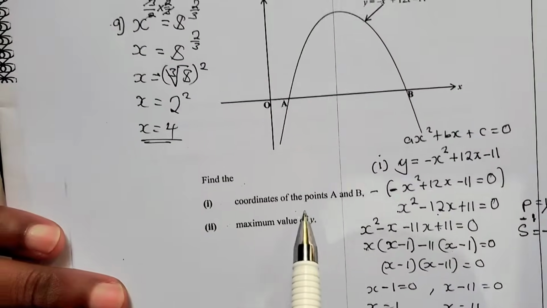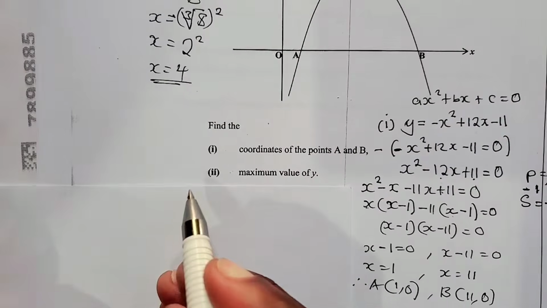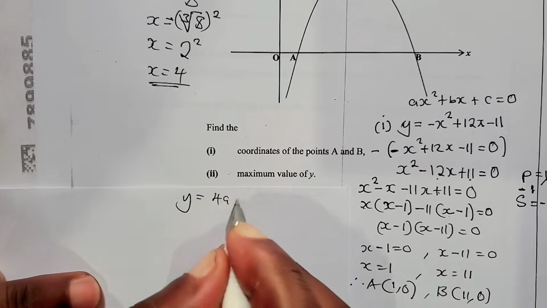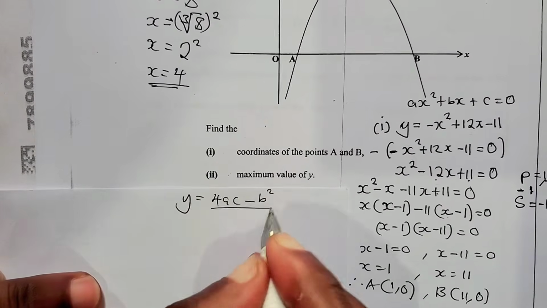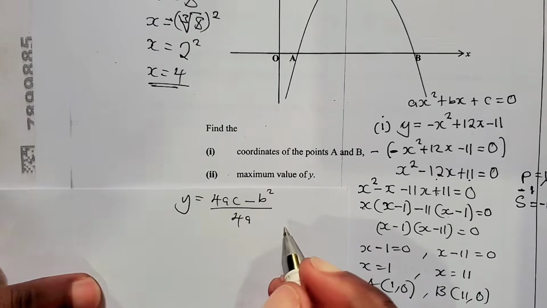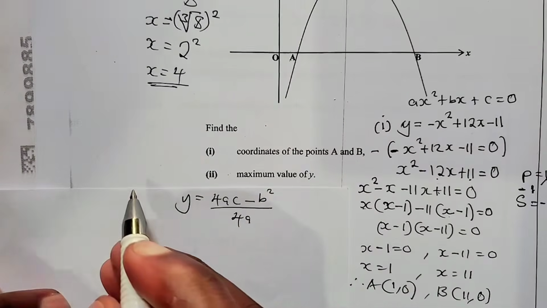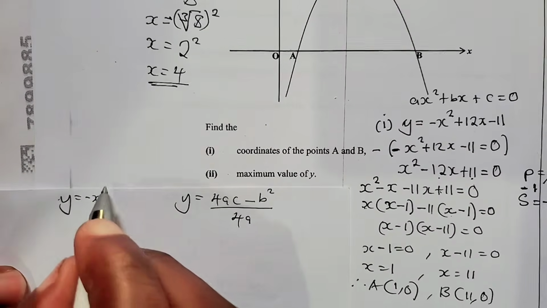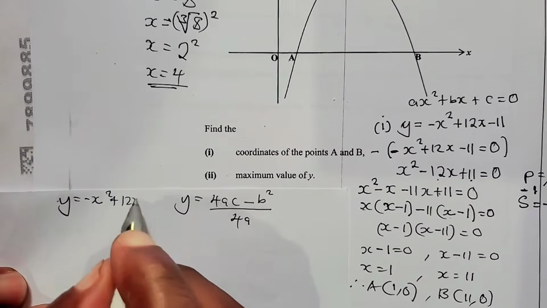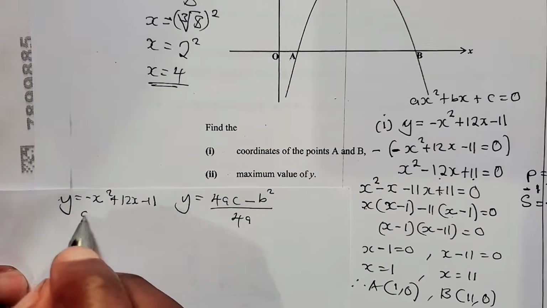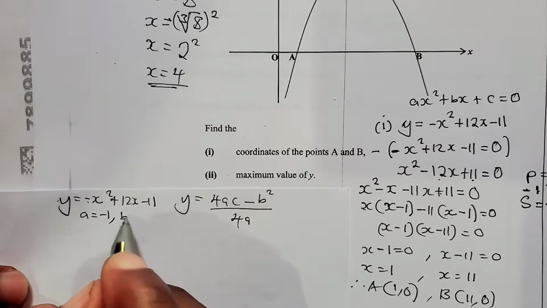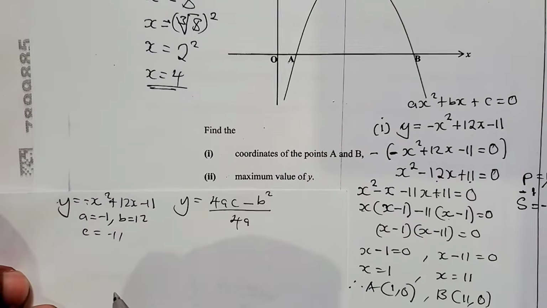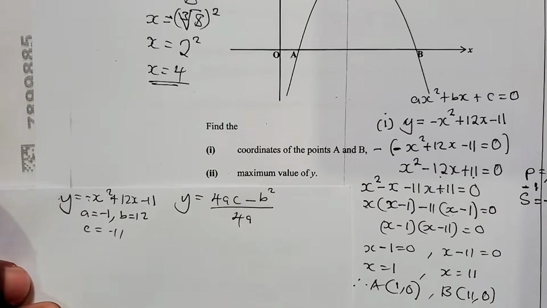Then the maximum value. To find the maximum value, we are going to use the formula y equals 4ac minus b squared over 4a. Here we use the original equation, y equals negative x squared plus 12x minus 11. So the value of a is negative 1, b is 12, and c is negative 11. Then we substitute.